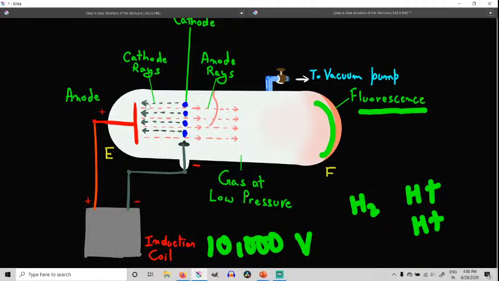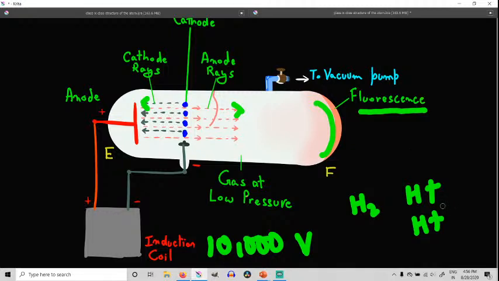You can see two directions, one arrow and another arrow. The electrons which were knocked out start traveling towards the anode and form part of the cathode rays. The remaining part of the atom becomes positively charged. We can see H plus ions.